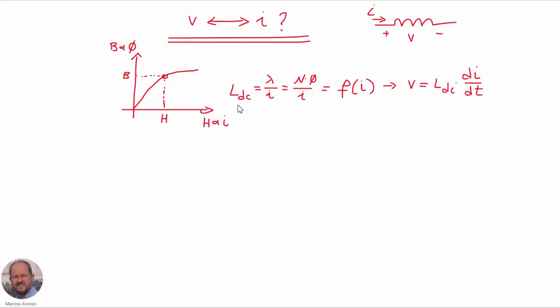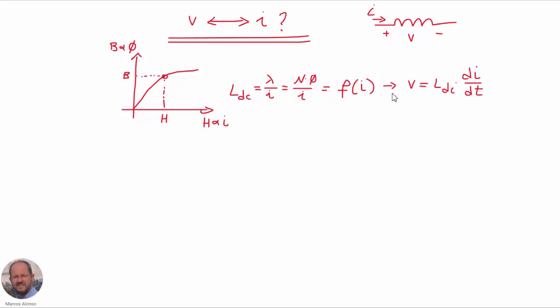So from this we could obtain an inductance that we are going to call the DC inductance, LDC, which is the ratio between the flux linkage and the current. So we will have this expression here, the number of turns times the flux divided by the current, and this obviously is a function of the current that is circulating through the inductor.